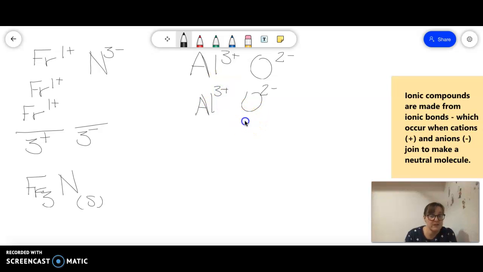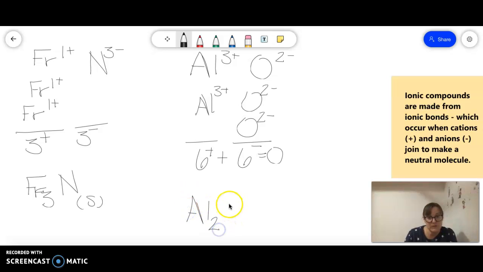And then I'm going to have to add another oxygen because I still didn't have enough. So now here I'm going to have 6 positive, and over here I have 6 negative. So if I add these together, I can get a neutral particle. That neutral particle will have 2 aluminums and 3 oxides.